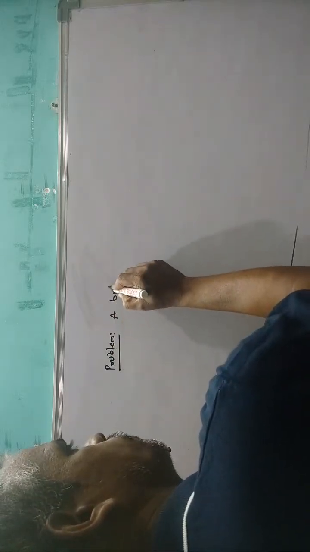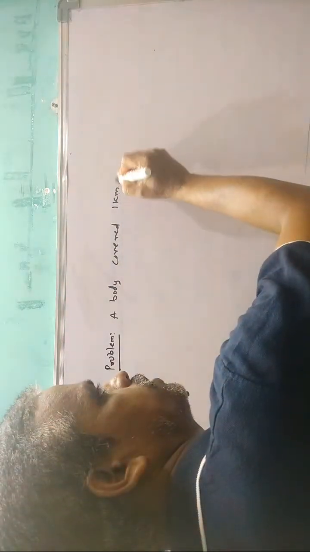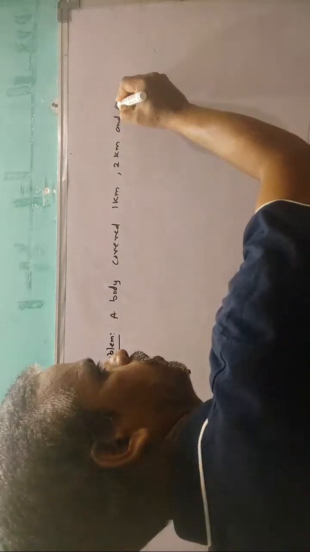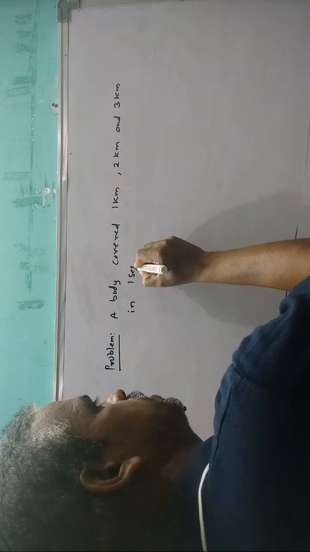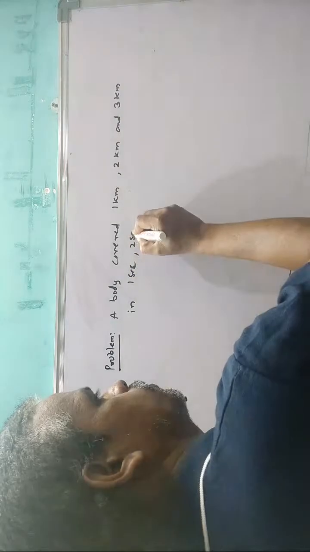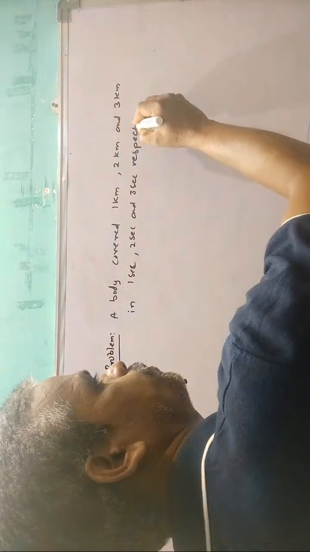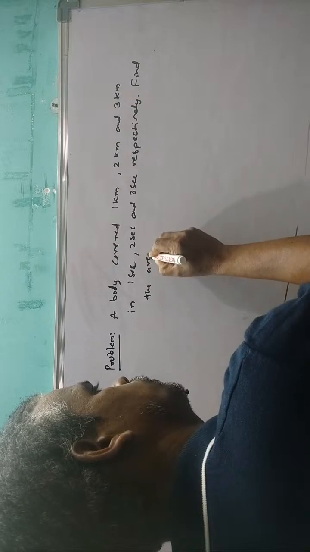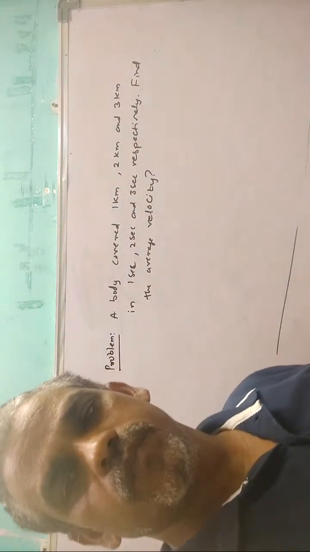A body covered 1 kilometer and 2 kilometer and 3 kilometers in 1 second, 2 seconds and 3 seconds respectively. Find the average velocity.